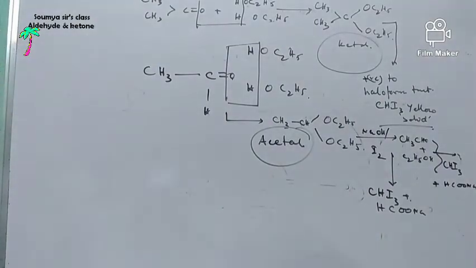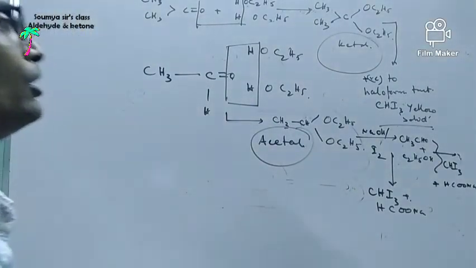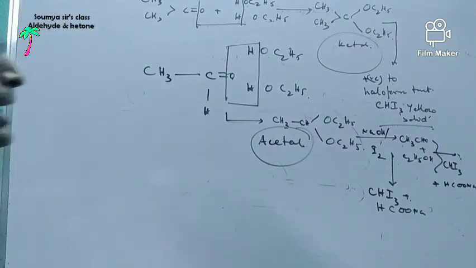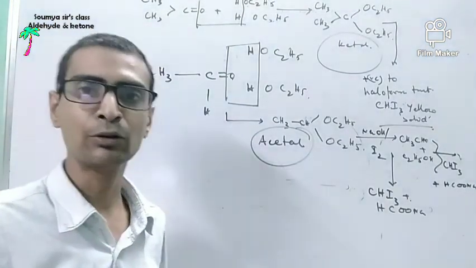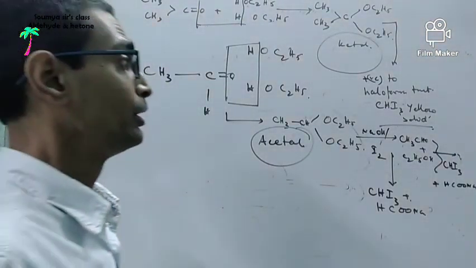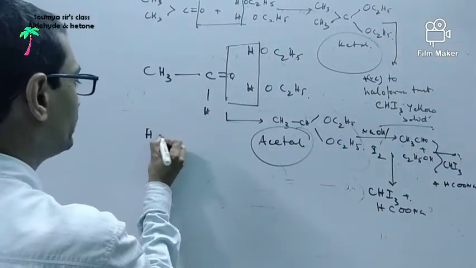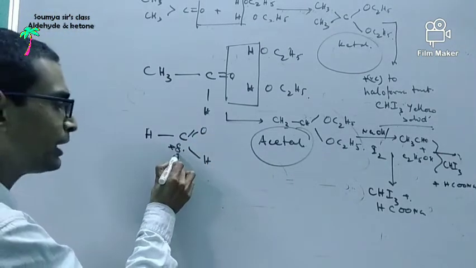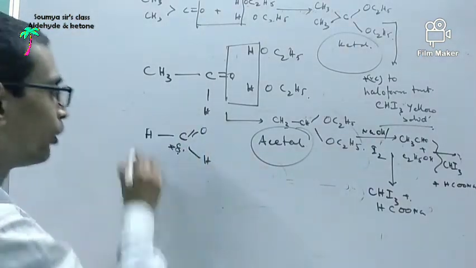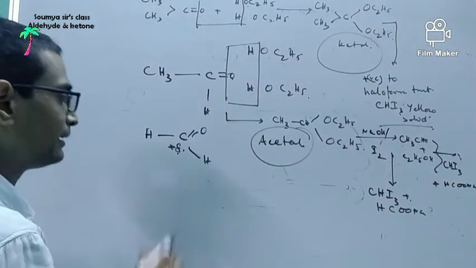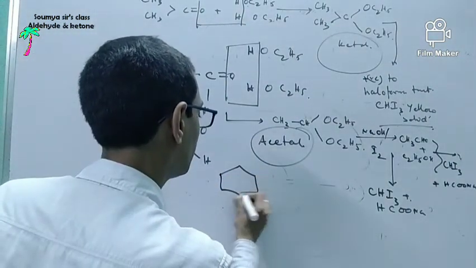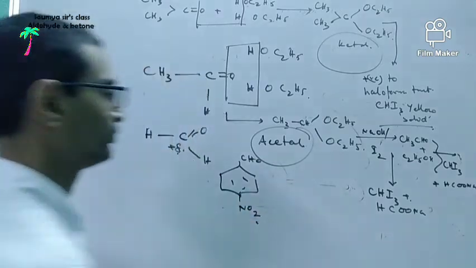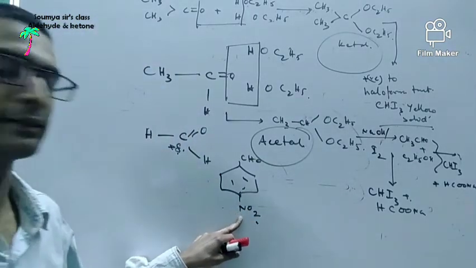So we have discussed some of the really important mechanisms of aldehyde and ketone regarding Cannizzaro and aldol. Now this is very important: if the carbon has more positive delta, the reaction will be faster, the more so for Cannizzaro. That means in any structure they give, like benzaldehyde with NO2, the NO2 group has a minus I effect.